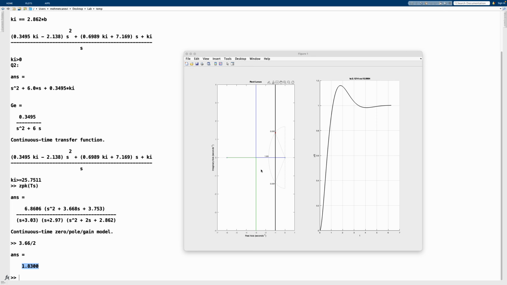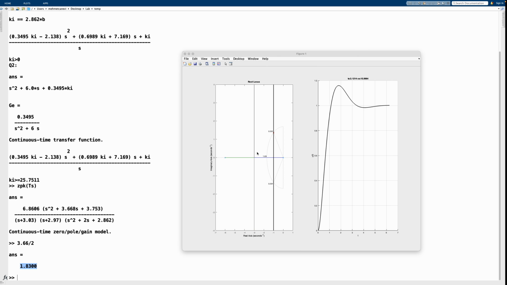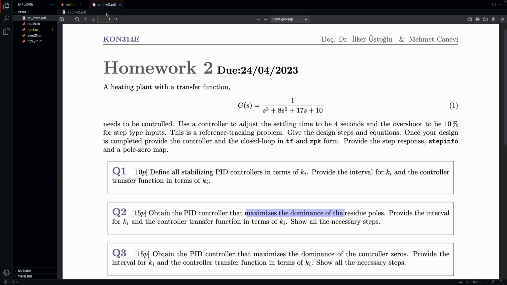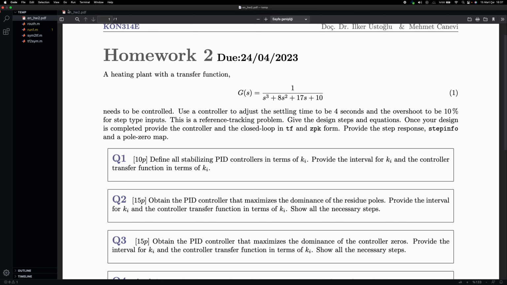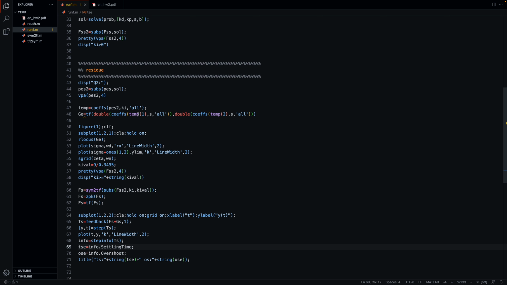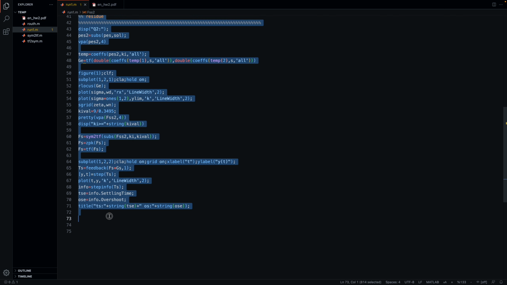But yeah, this is what the question asks for, so we could stop here practically, because we did obtain all the controllers that maximize the dominance factor of the residue poles. So we have the interval here, and we have shown the steps. So let us repeat the same thing for the zeros, because that's the second question.